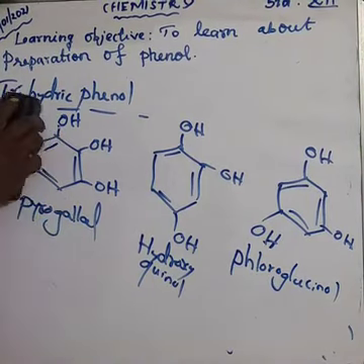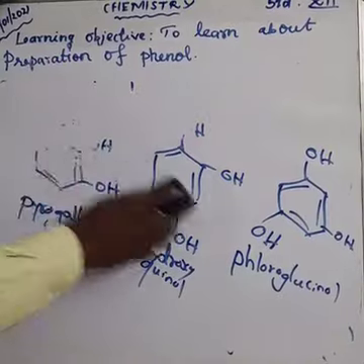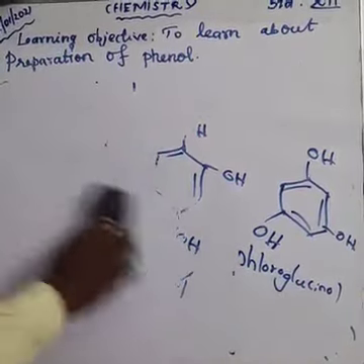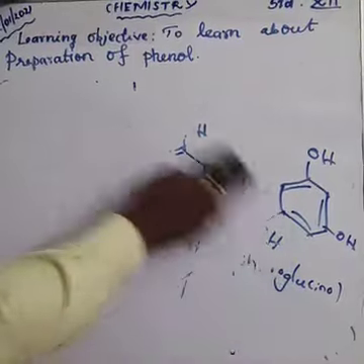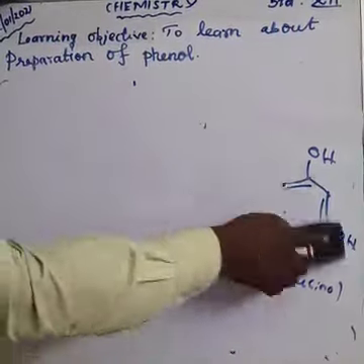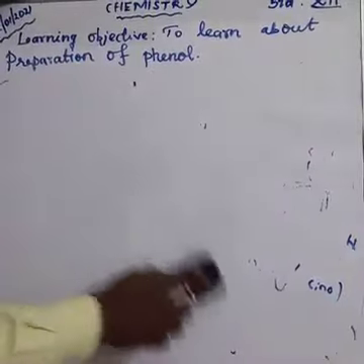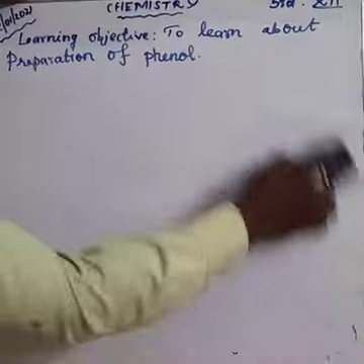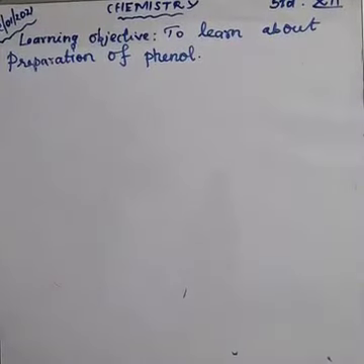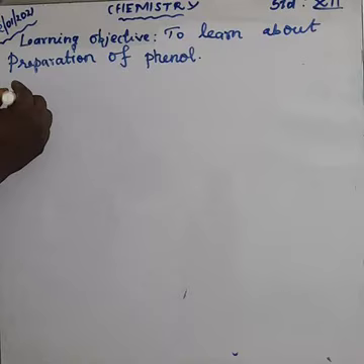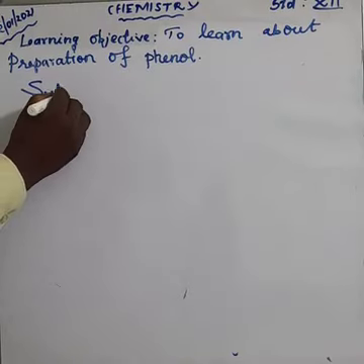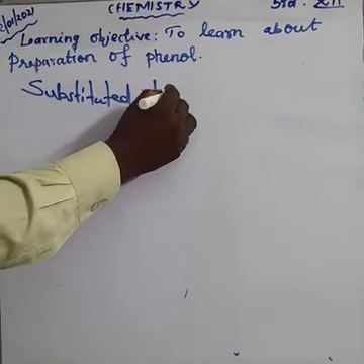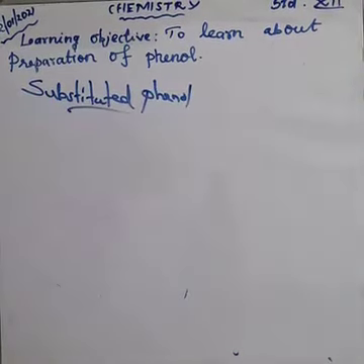The next one is the substituted phenol. Okay, in substituted phenols, one has the amino group. The next one is an aldehyde group. The third one is the acid group. Okay, these are the three groups we have. Substituted phenol.